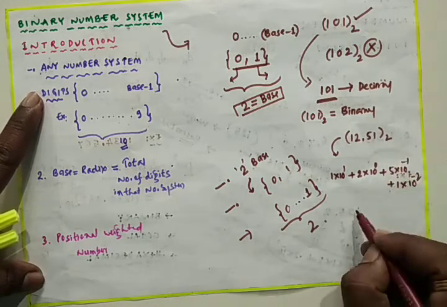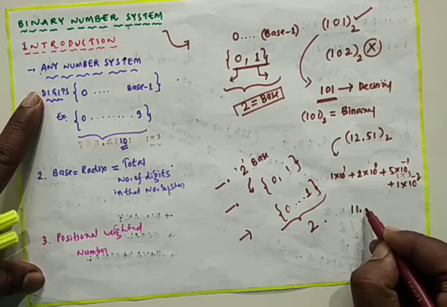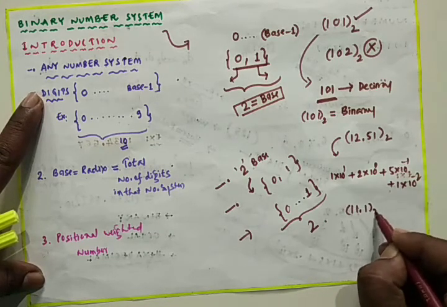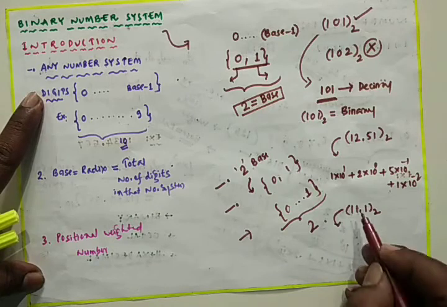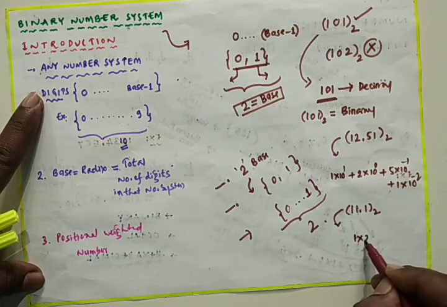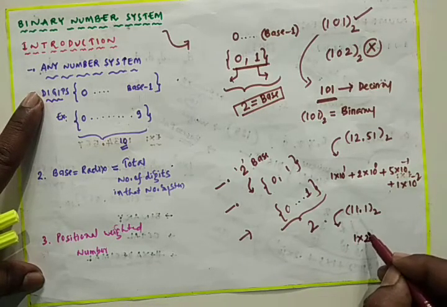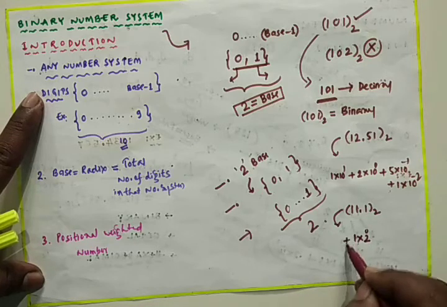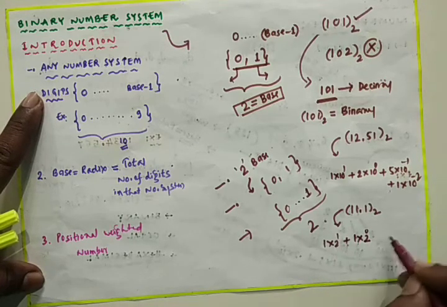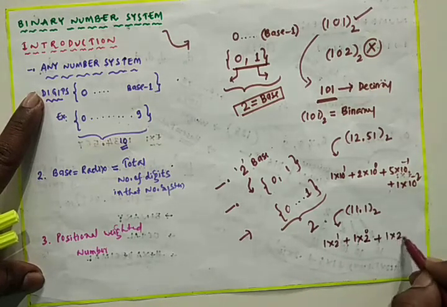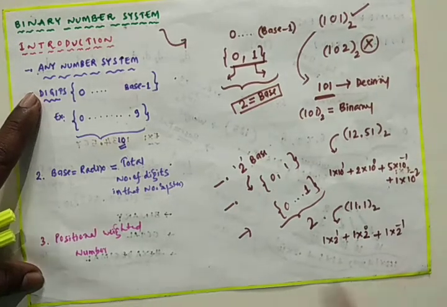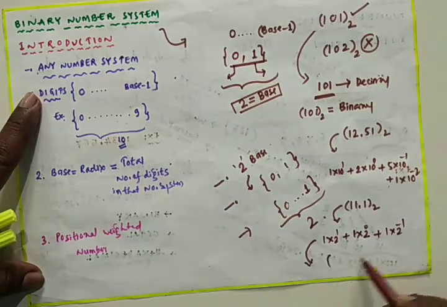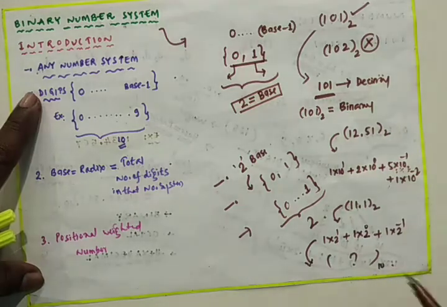Similarly, if I have the number 1.1 base 2, then the equivalent decimal will be 1 into 2 power of 0 plus 1 into 2 power of 1 plus 1 into 2 power of minus 1. Then we will get the equivalent decimal number here.